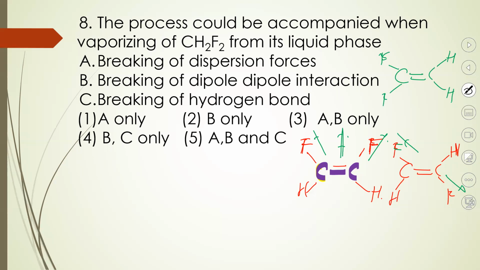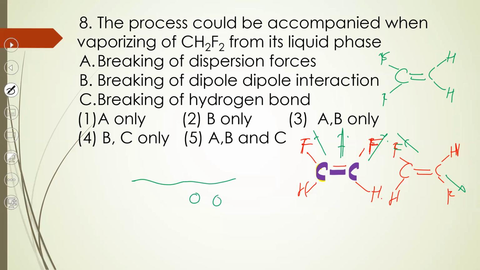So if it is polar, the process could be accompanied when vaporization occurs. We have to remember what the properties are which govern vaporization. There is a molecular attraction in the liquid state.